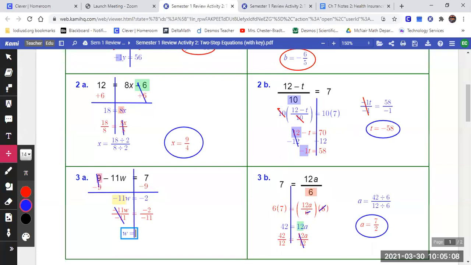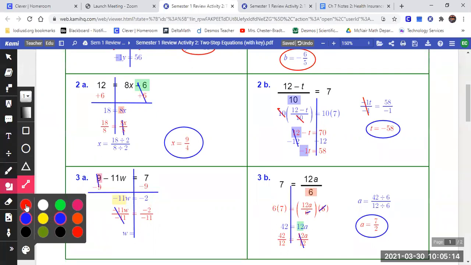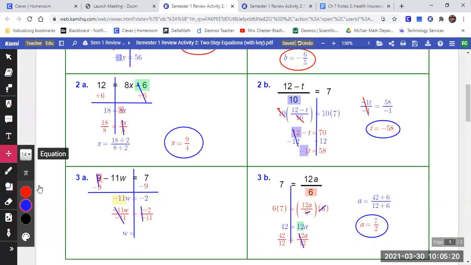Negative. Basically, these negative ones are getting canceled out together. So the negatives went away as well. So what is this going to say?